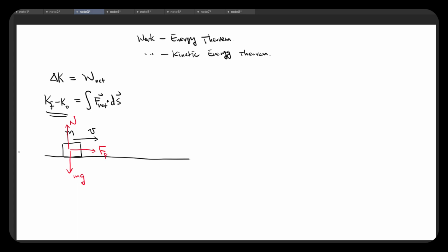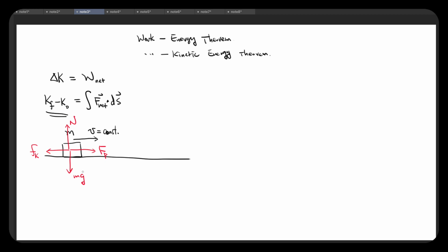And also the ground here is not smooth, it's a rough surface, and it experiences kinetic friction from the ground. Now under all these forces, the object is moving with a constant speed. So the velocity of the object is constant.